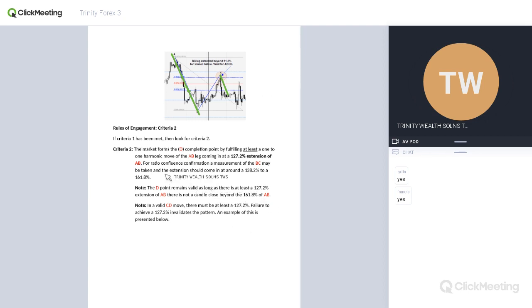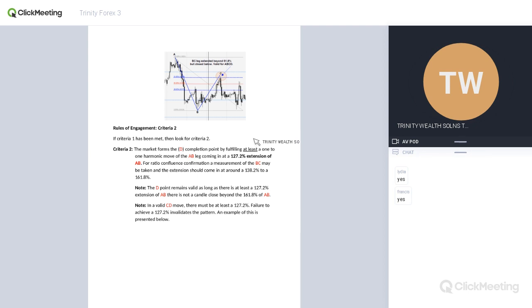So we are saying for point D to be complete, we expect 1:1 completion. AB is equal to CD, all right? Once we carry this line and place it here, it coincides where the second line CD ends. It's also where we have our extension 127.2%.